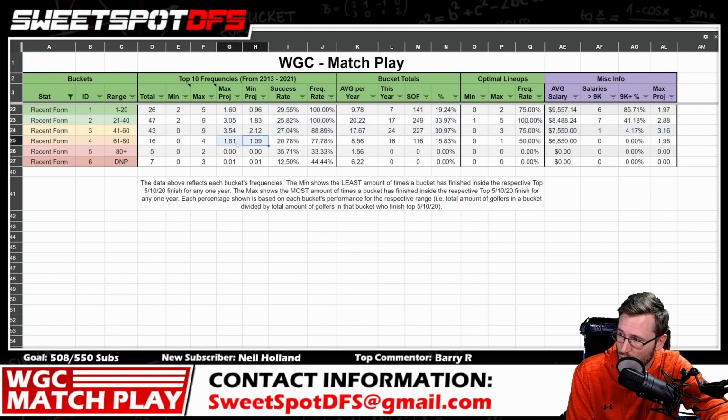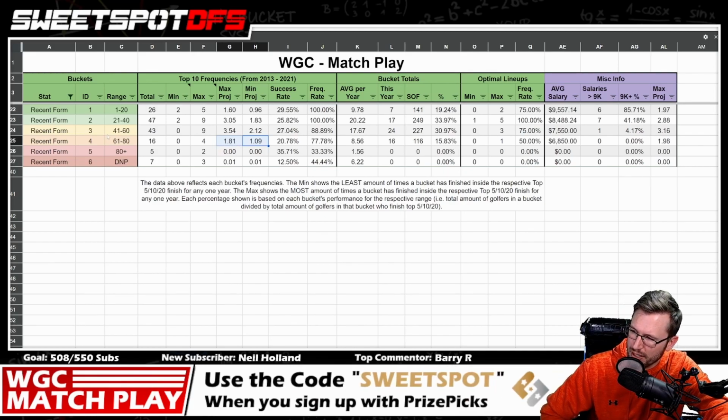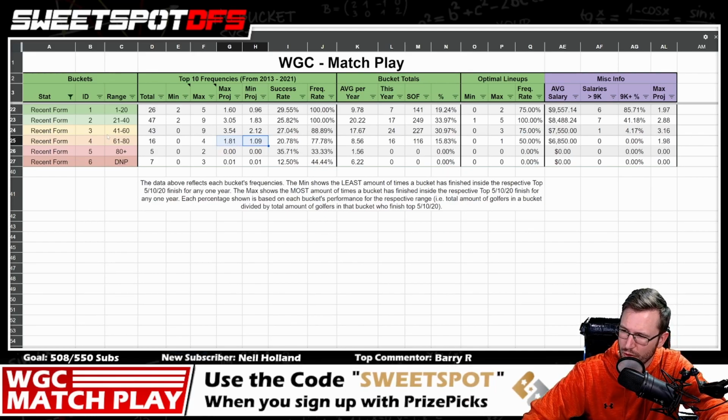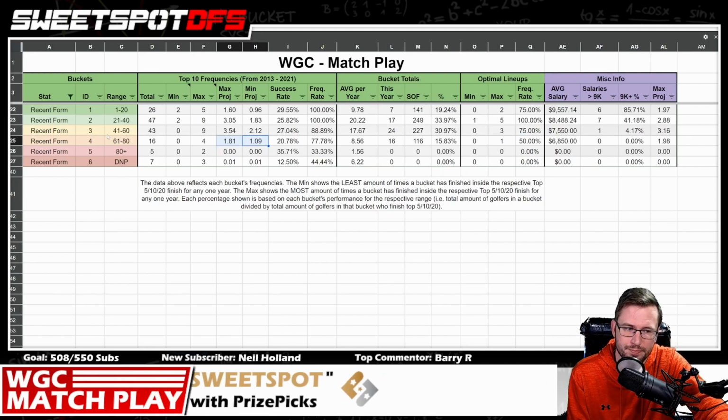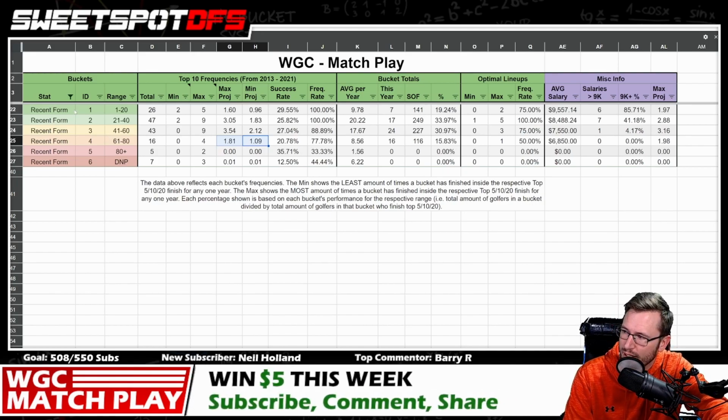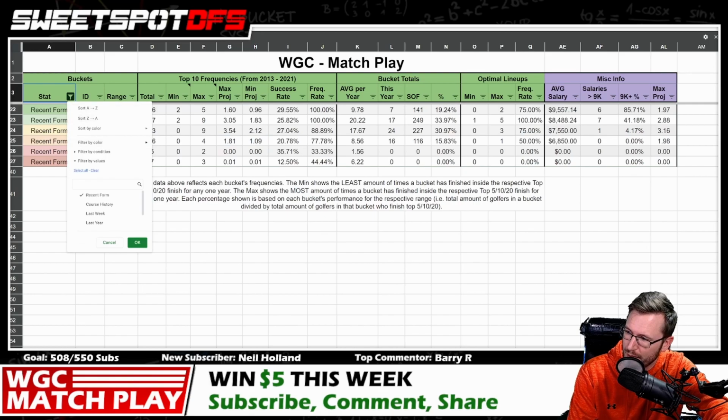And then 0 to 2 recent form 4 golfers. So the recent form bucket's kind of spread out, and you probably want to select golfers kind of equally from each of these buckets. Again, the optimizer will include that in its criteria, so you don't even have to think about it. So highly encourage you to check out the optimizer.